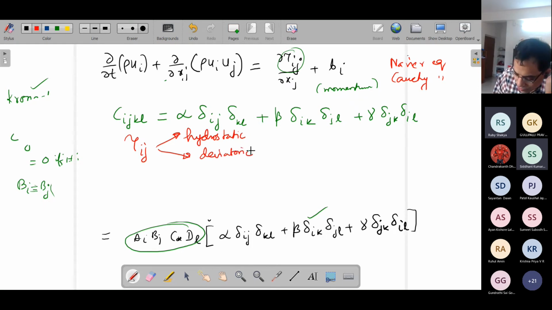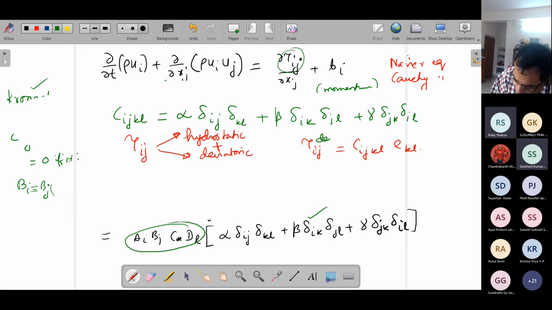So this is a combination of hydrostatic plus deviatoric. Now, when we wrote tau ij is equal to Cijkl into Ekl, although I have not written it explicitly, you have to imagine that this is only the deviatoric component.